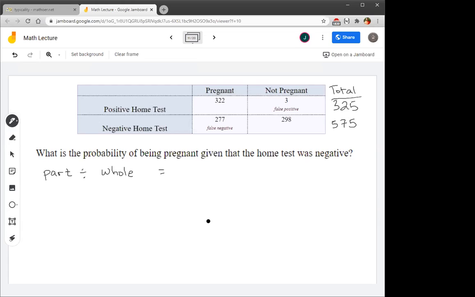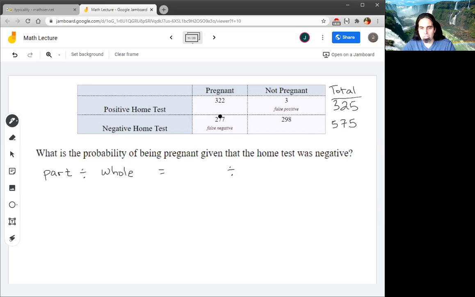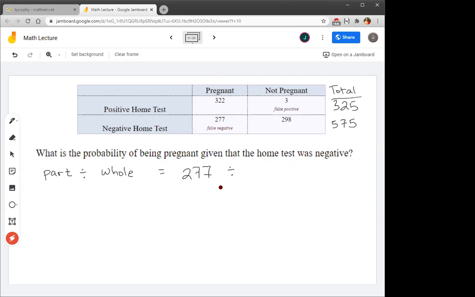I'm just going to go out on a limb. Is it the 322 divided by the 298? No. Then would the part be the 277? The 277 is the part. That's the group that is pregnant and home test negative, divided by 575.